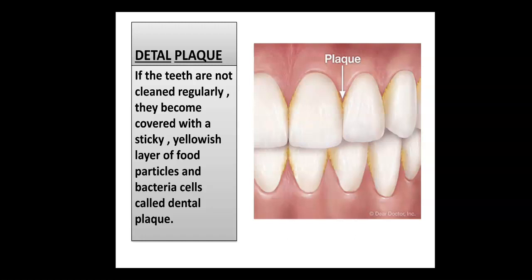But if the saliva cannot reach the surface of the teeth, the bacteria will be there, react with the sugar, form the acid, and that acid will cause the cavity. In this way they are forming the what? Dental plaque.